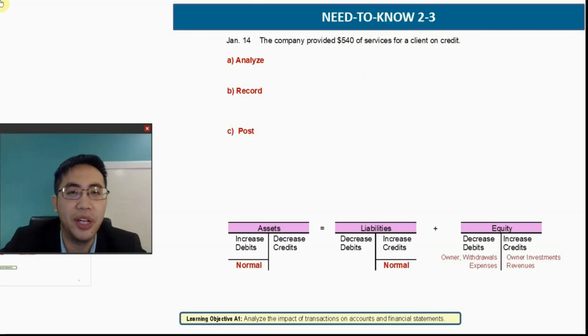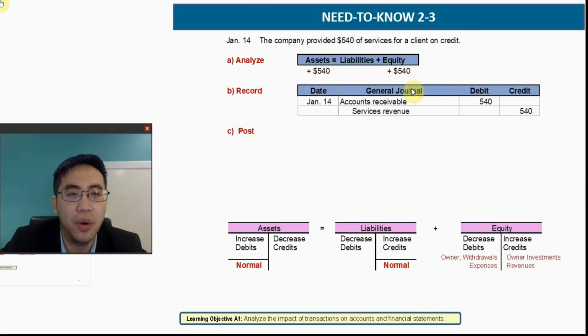Although the service is done today, you will get paid in a later period, and today you just put that number in accounts receivable. Accounts receivable is an asset, that's definitely a plus for you, and equity increases from the revenue you just generated.